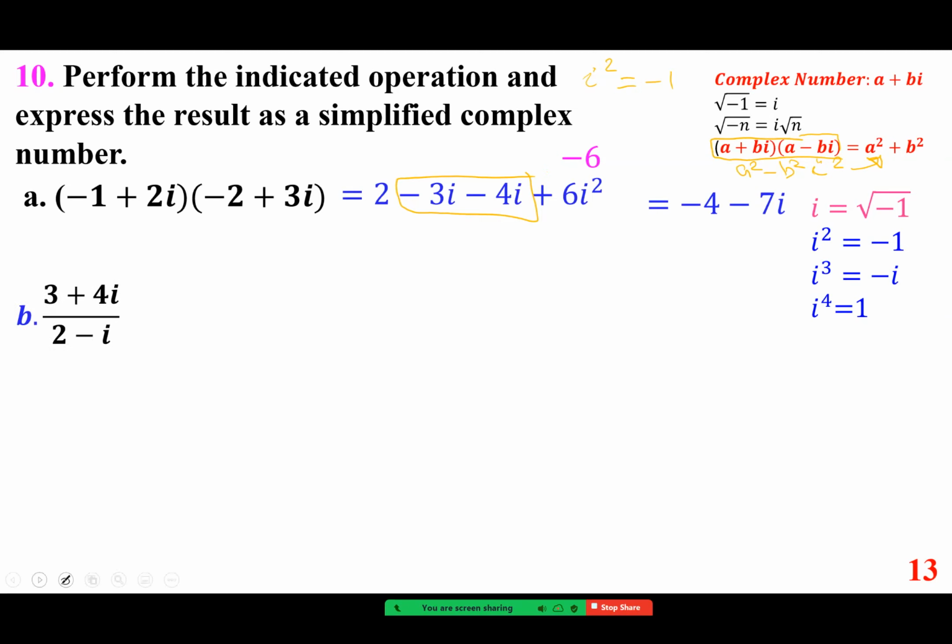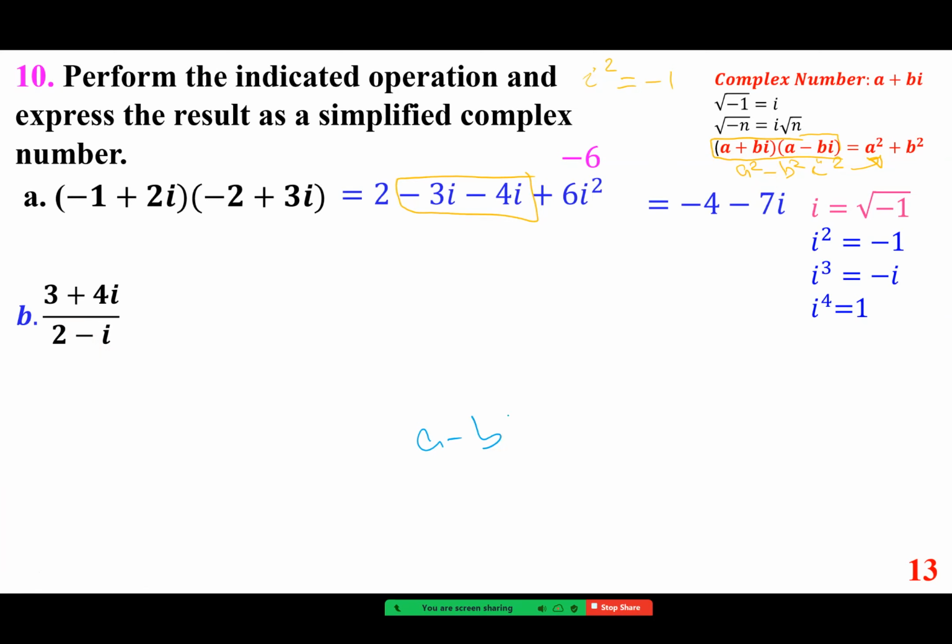If they said divide, put it in standard form, or rationalize, it all means the same thing. Because the denominator has 2 minus i, we're going to multiply by its conjugate or complex conjugate. Again, you remember this one. By the way, I want to remind you about something else.